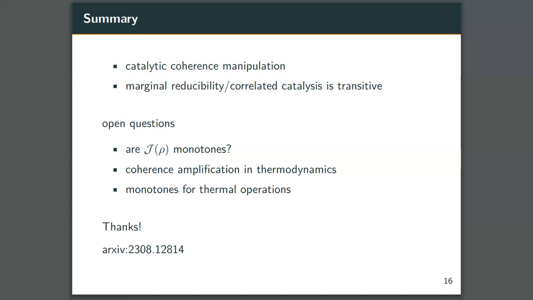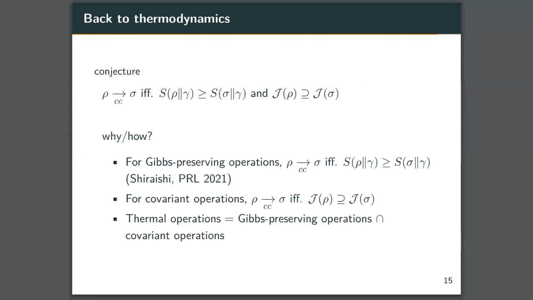Okay. Thanks for the nice talk. I was curious about the thing you mentioned on the last slide, about your conjecture of thermal operations being the intersection of Gibbs preserving operations with covariant operations. Maybe I'm missing something, so maybe you can explain in which sense you mean that.